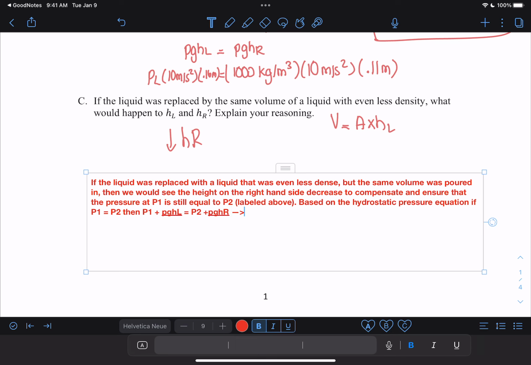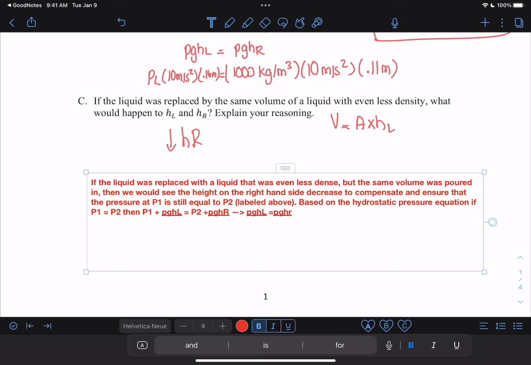And then that gives us just ρghL equals ρghR. I just say P, it's rho, but you get the idea, densities. It looks like a fancy P. The P1 and P2 will cancel out on either side because they're the same pressure.